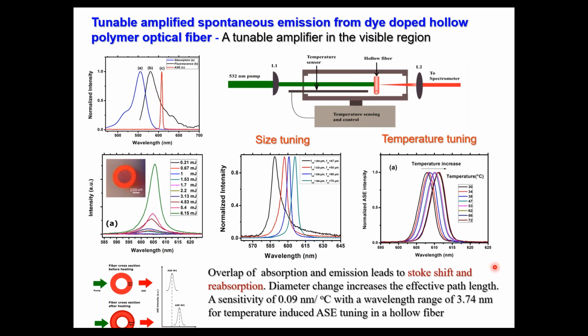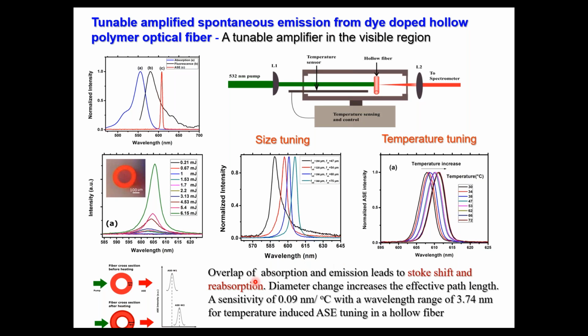So there is a chance of Stokes shift, and the emission wavelength will be shifted towards the right. That means when the size is increased, so if I increase the diameter of this microcavity, it actually leads to more reabsorption.